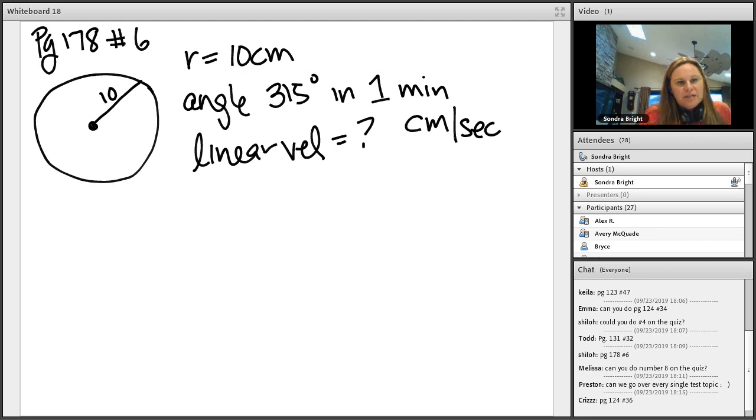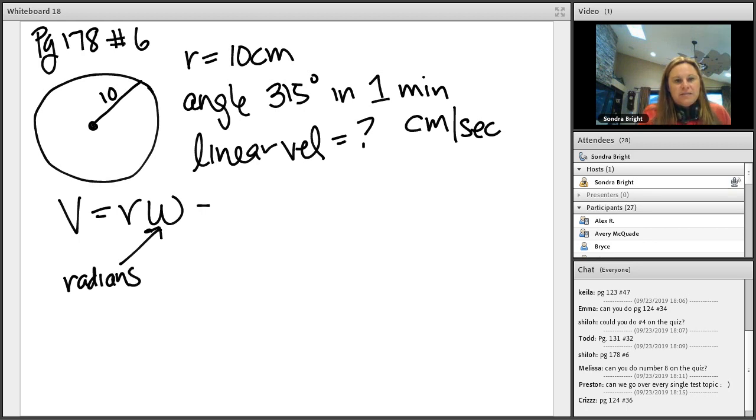All right, so linear velocity is vroom vroom. V equals r omega, where omega is your angular velocity, but in radians. All right, so your radius is 10 centimeters. So I got 10 centimeters, I'll write it over 1. Angular velocity, that's what they gave you, an angle over time. So 315 degrees in 1 minute.